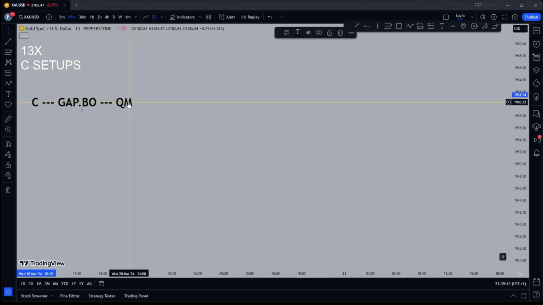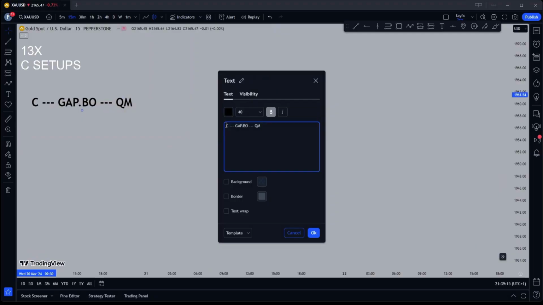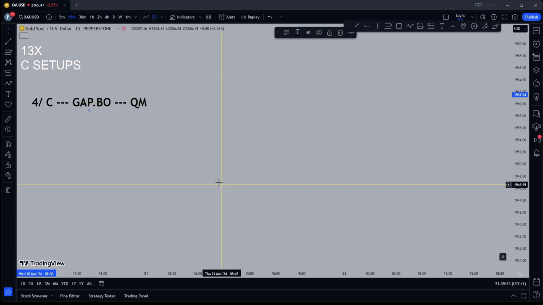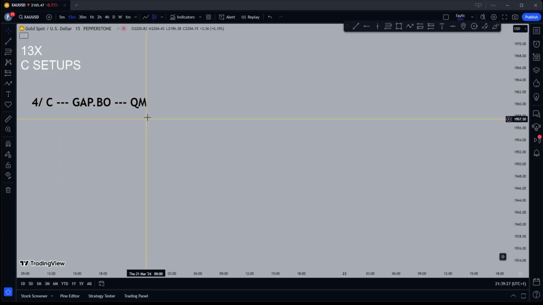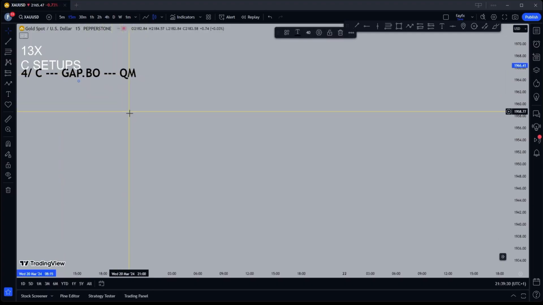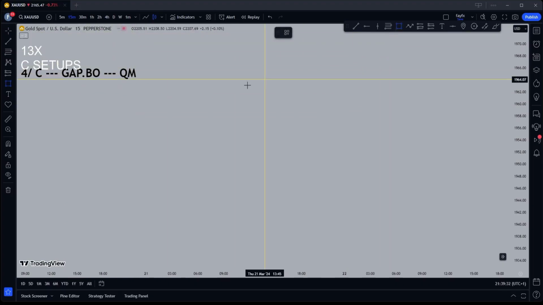This is the only type where I'm going to use equilibrium 2 times. Classic to gap breakout to QM. What's the meaning of that? Let's draw.